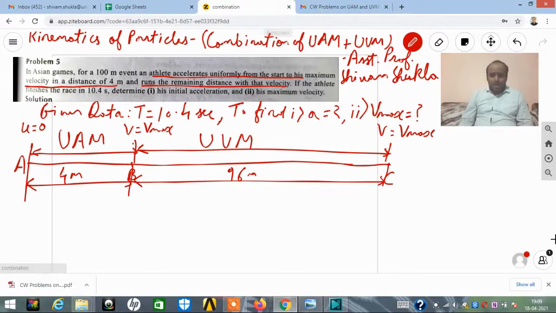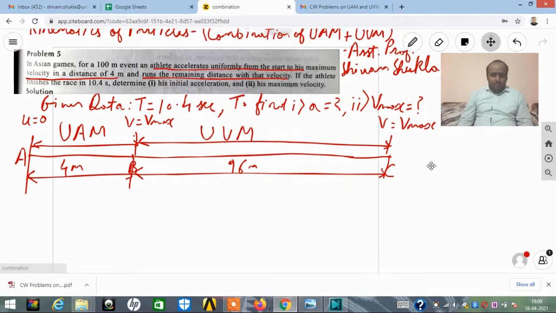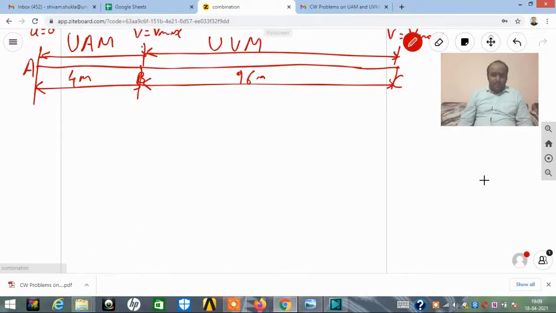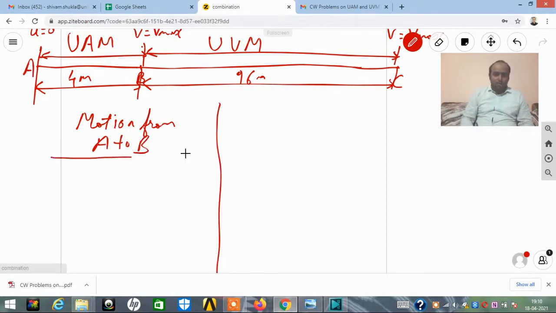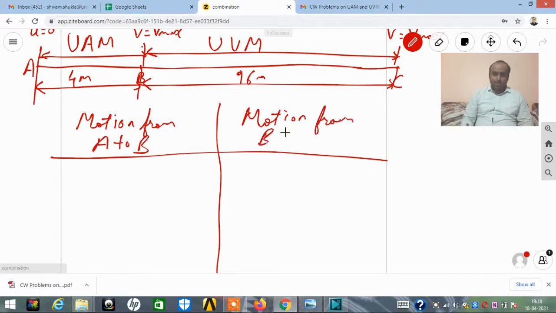Now, to solve this problem, we will be using a simple method that you won't find in most of the books. I will be considering two independent motions, motion from A to B and motion from B to C, and we will be making two columns.